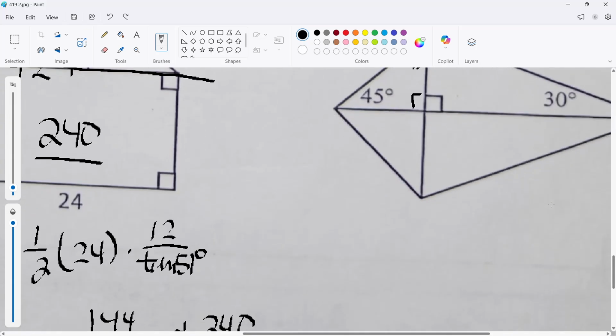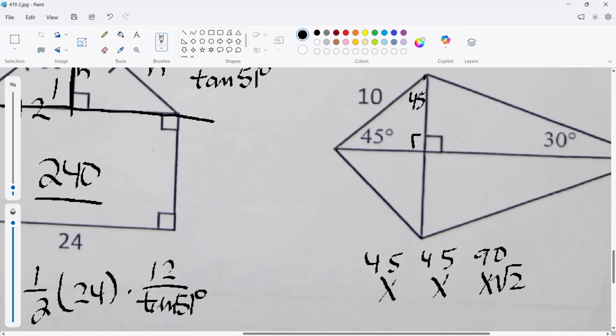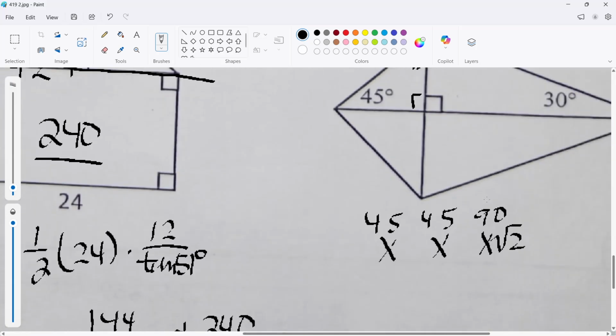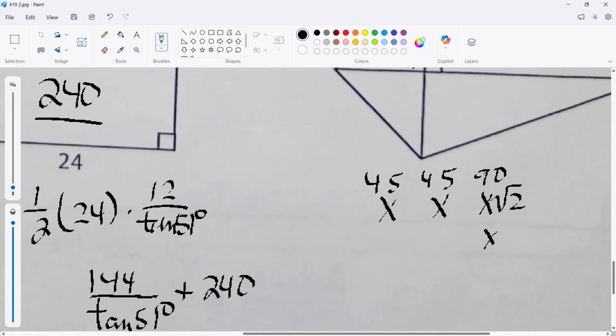So let me recall that in a 45-45-90, the ratio is x, x, x square root of 2. You could also do it with the Pythagorean theorem, but I'm not going to. X square root of 2 equals 10. So x equals 10 divided by square root of 2.